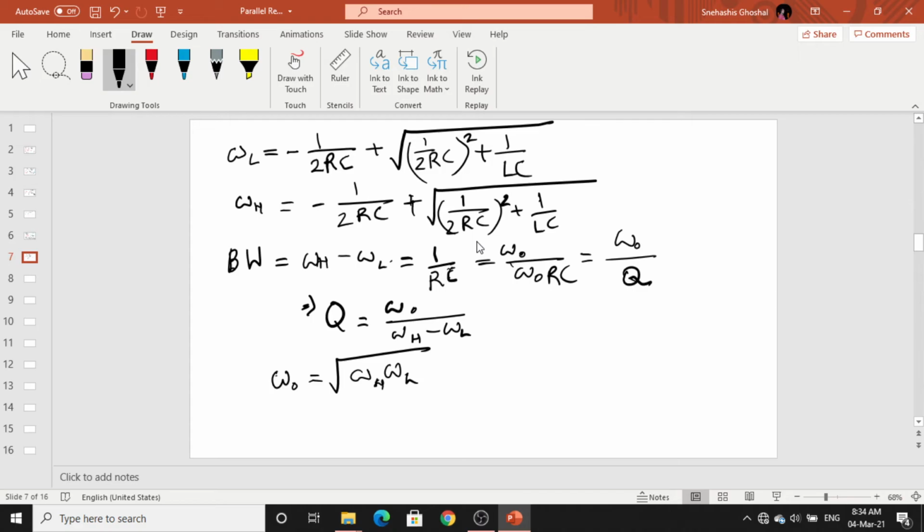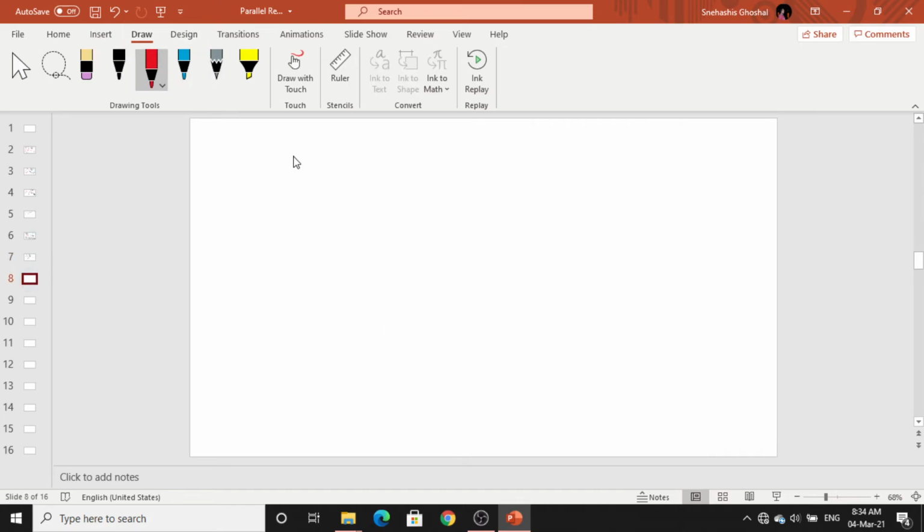Again, next is in terms of selectivity. What do you do in terms of selectivity?